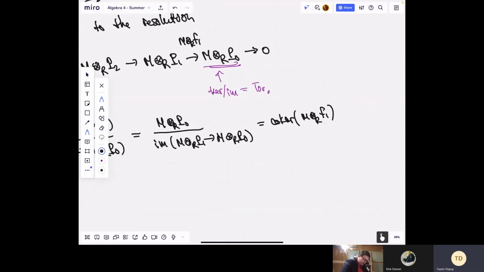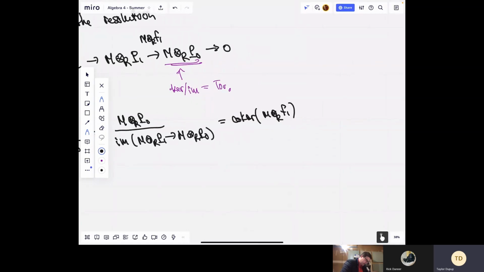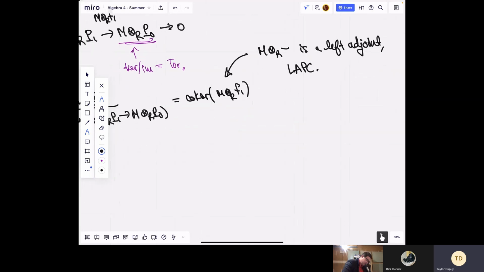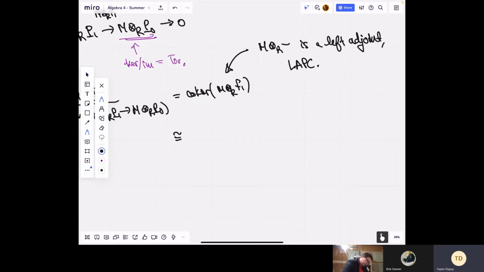But this is a colimit, and M tensor over R is a left adjoint. Left adjoints preserve colimits, so this is isomorphic to M tensor over R with the cokernel of F1.